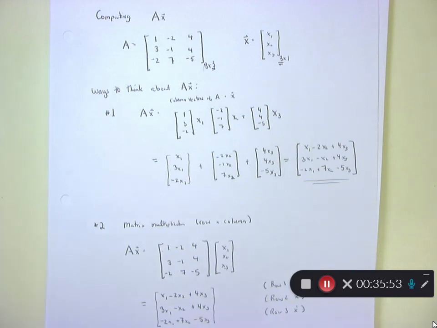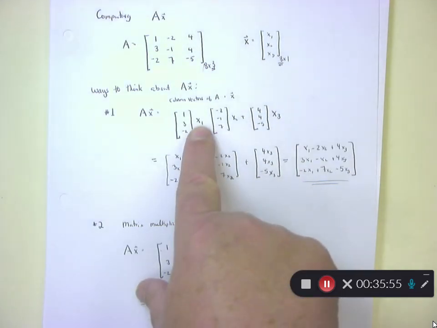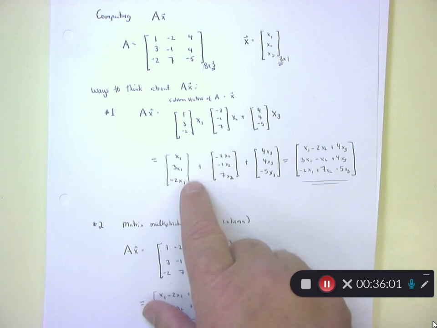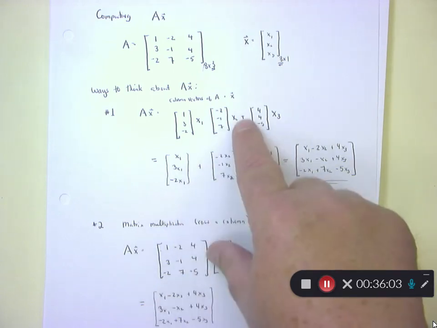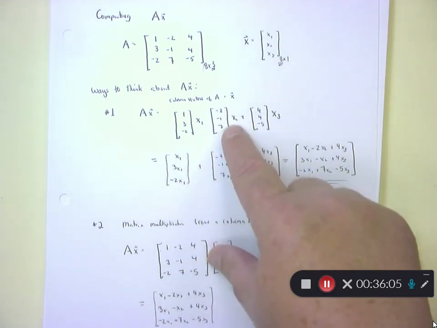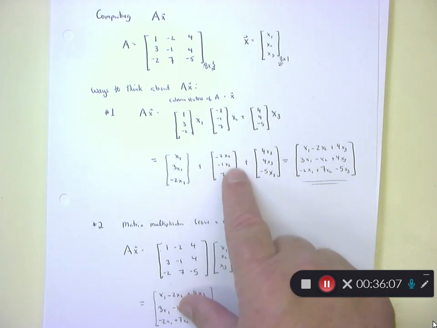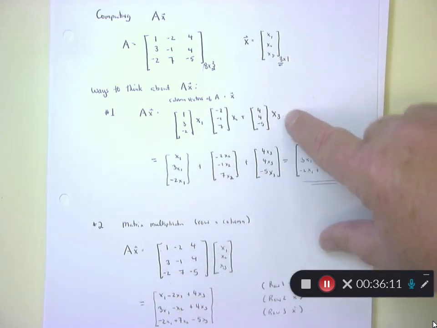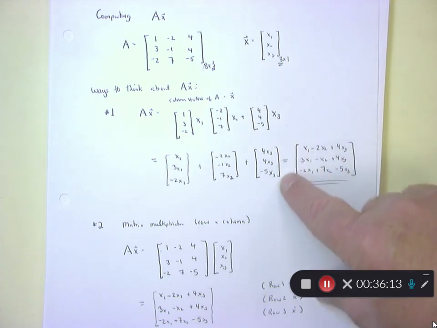Okay? And then, if you just multiply 1, 3, negative 2 by x1, you get x1, 3x1, and negative 2x1. You multiply x2 by negative 2, negative 1, 7, you get negative 2x2, negative x2, 7x2. And 4, 4, negative 5 times x3 is 4x3, 4x3, negative 5x3.